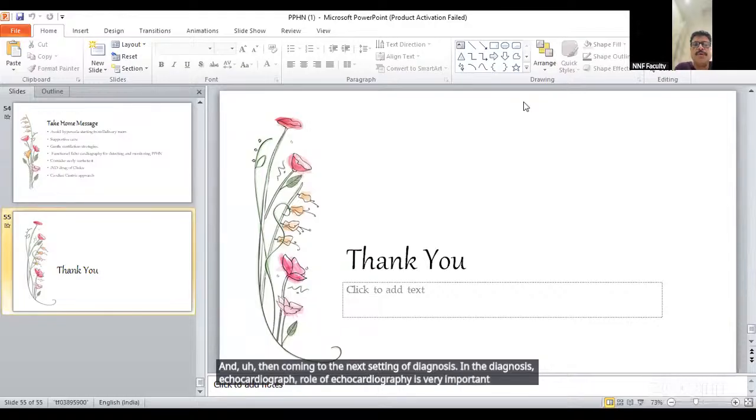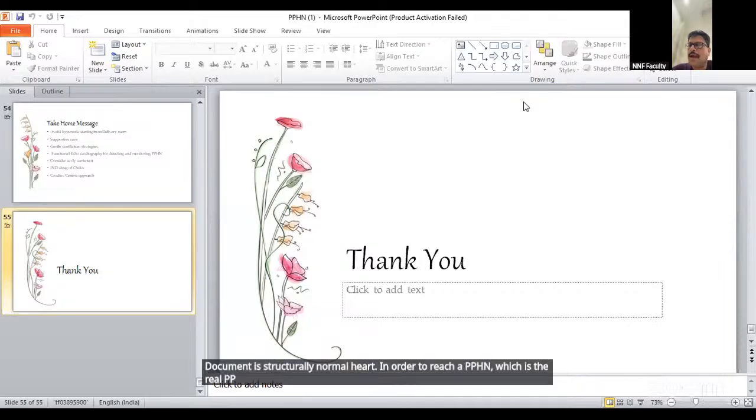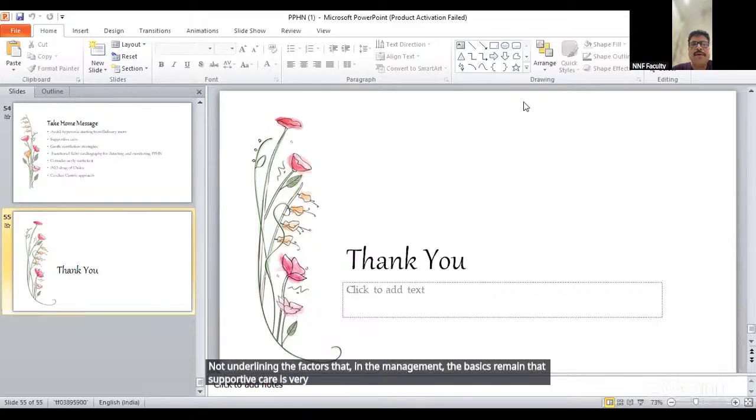We have to document a structurally normal heart in order to reach the real PPHN. In the management, the basics remain that supportive care is very much important, avoiding hypothermia or hyperthermia and maintaining a normal blood pressure.